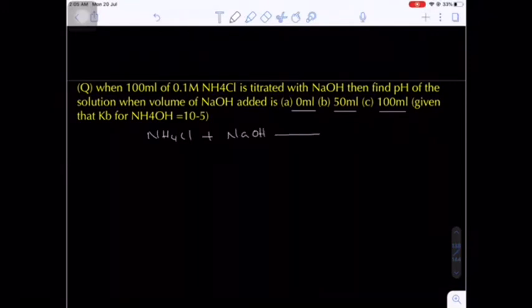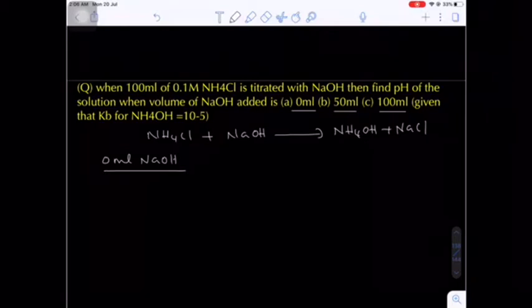First of all, here you see NH4Cl plus NaOH gives NH4OH plus NaCl. So in the beginning you have what? NH4Cl.